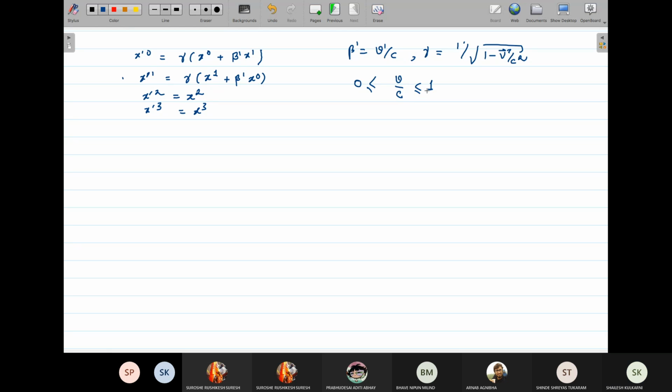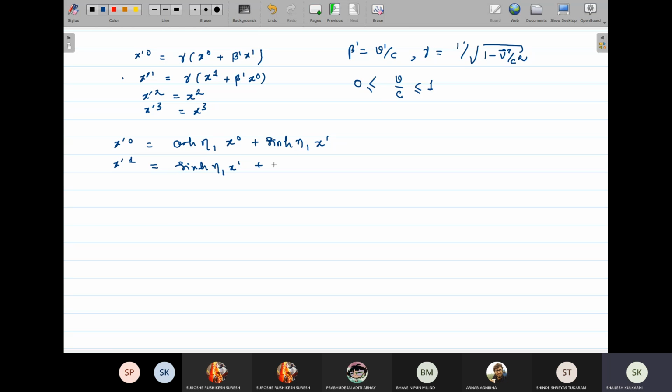Fine. So now we can write this transformation in a condensed form as x prime 0 equal to cosh eta 1 x0 plus sinh eta 1 x1, and x prime 1 equal to sinh eta 1 x0 plus cosh eta 1 x1, and x2 and x3 remain unchanged.